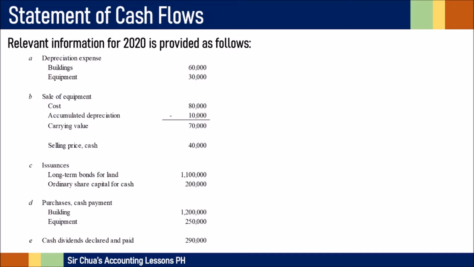Okay, and then we have issuances of long-term bonds in exchange for a land that the entity is targeting to get, which is 1,100,000, and they also issued ordinary share capital for cash, which is 200,000. They also paid cash because they purchased building and equipment, which is 1,200,000 and 250,000 respectively. And then cash dividends declared and paid to our shareholders is 290,000.